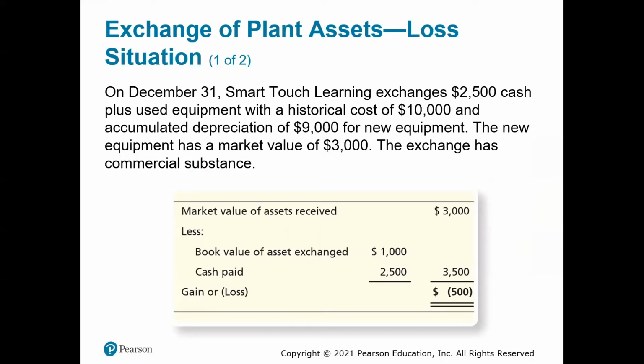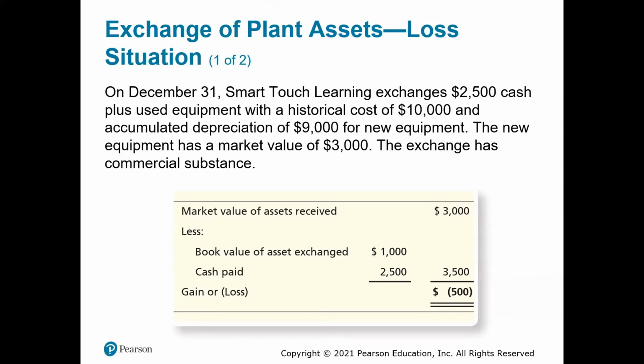On December 31st, Smart Touch Learning exchanges $2,500 cash plus used equipment with a historical cost of $10,000 and accumulated depreciation of $9,000 for new equipment. The new equipment has a market value of $3,000. The exchange has commercial substance.